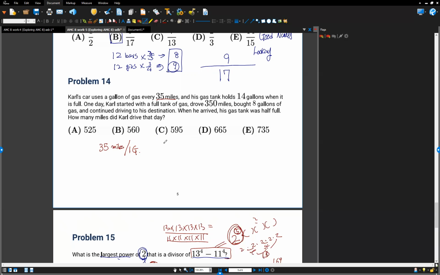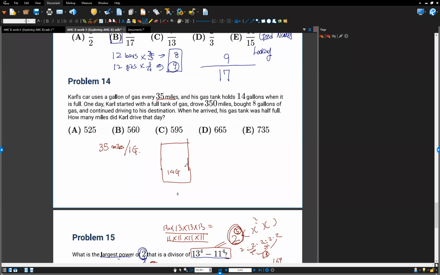His gas tank is 14 gallons. When it is full, 14 gallons, right? Full means what? This is full. 14 gallons, full tank.